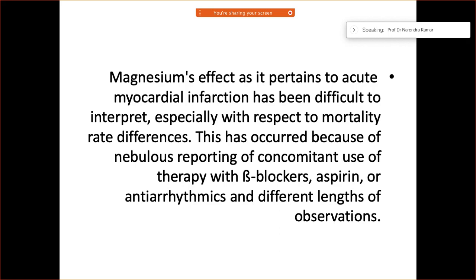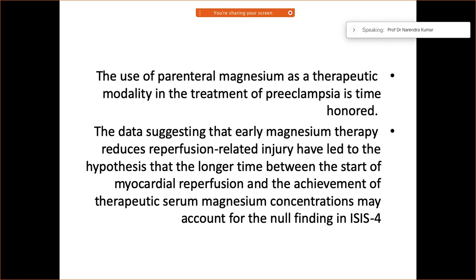As I said, the data has been confusing. But we are all aware of the beta blockers and even the aspirin. Those are definitely the drugs which should be used. But about this, it is difficult to say. And as I already said, it is a great therapy.